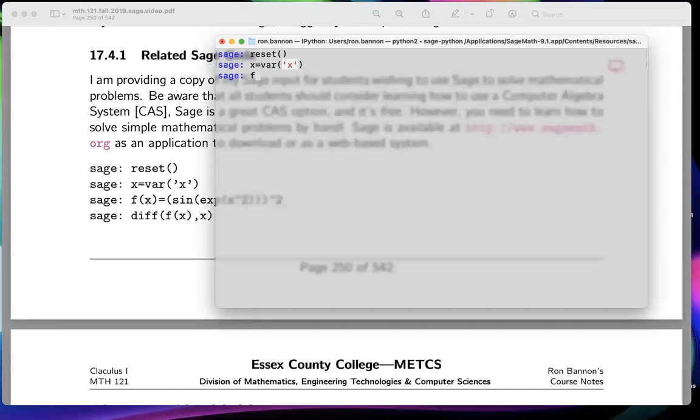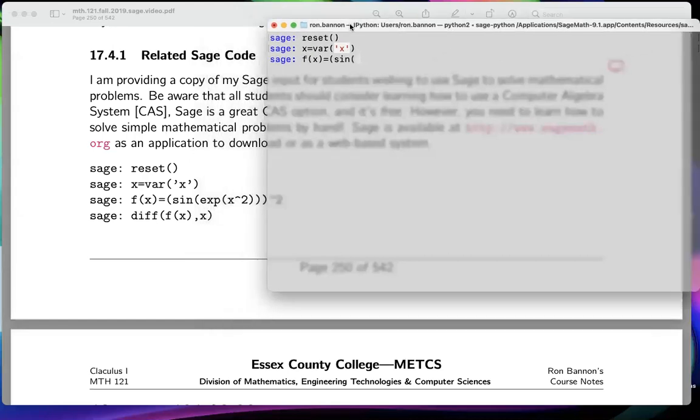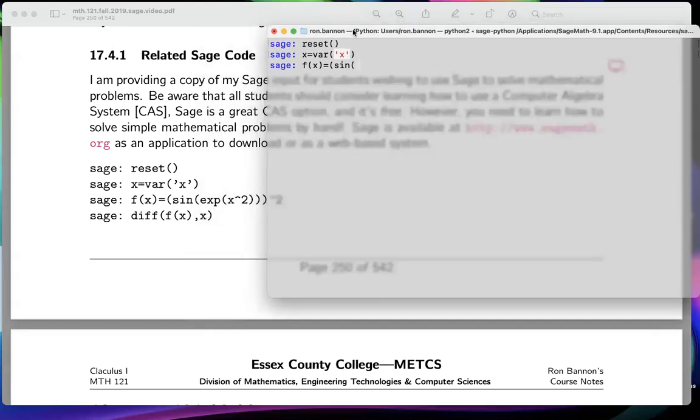Then f of X, what am I doing now? I'm assigning f of X as a function, and the function I'm assigning it, I'm going to write that down for you, is sine. And sine takes an argument. And the argument here is this exp. What's exp? It's e, or Euler's number, raised to what power? X squared. All right.